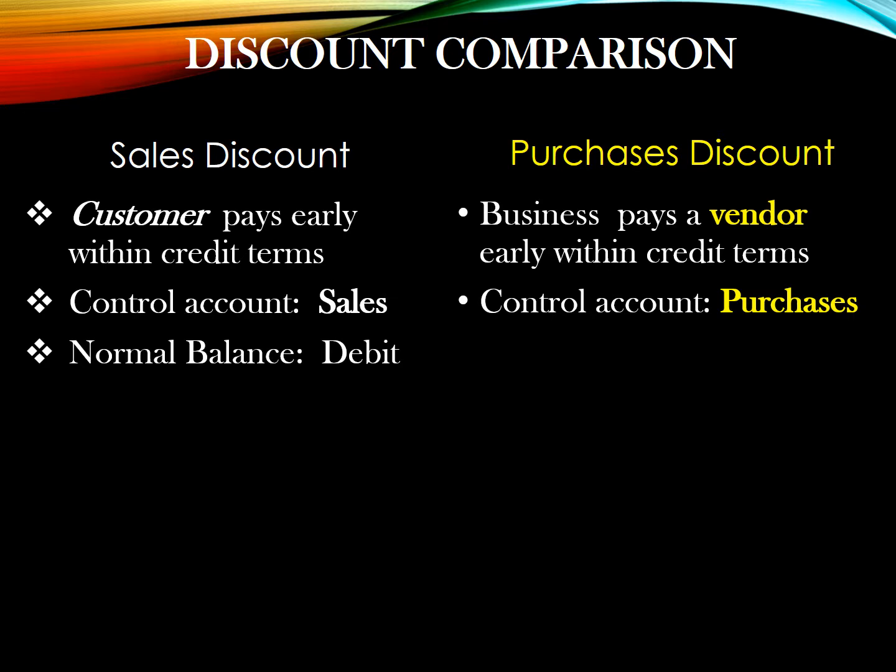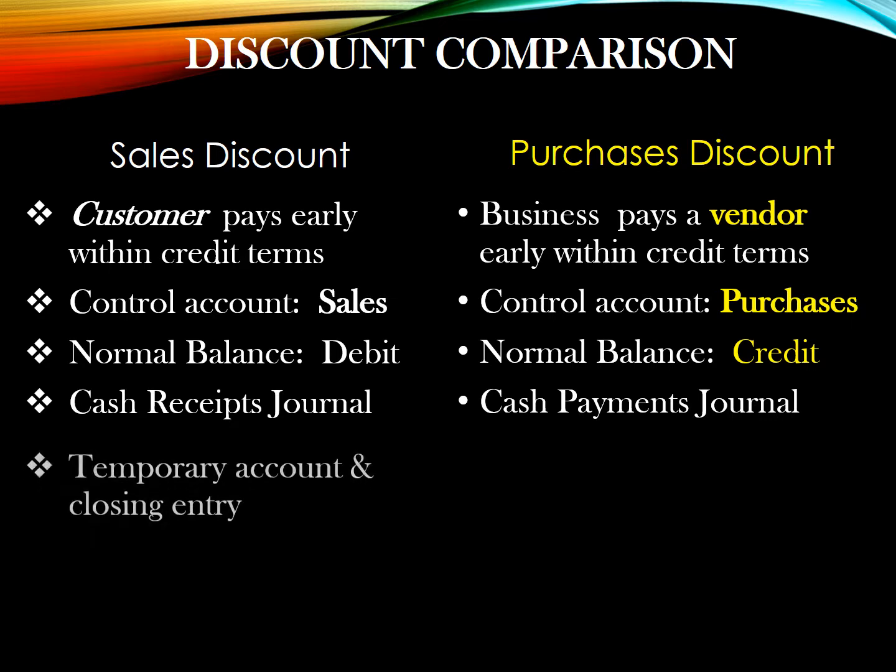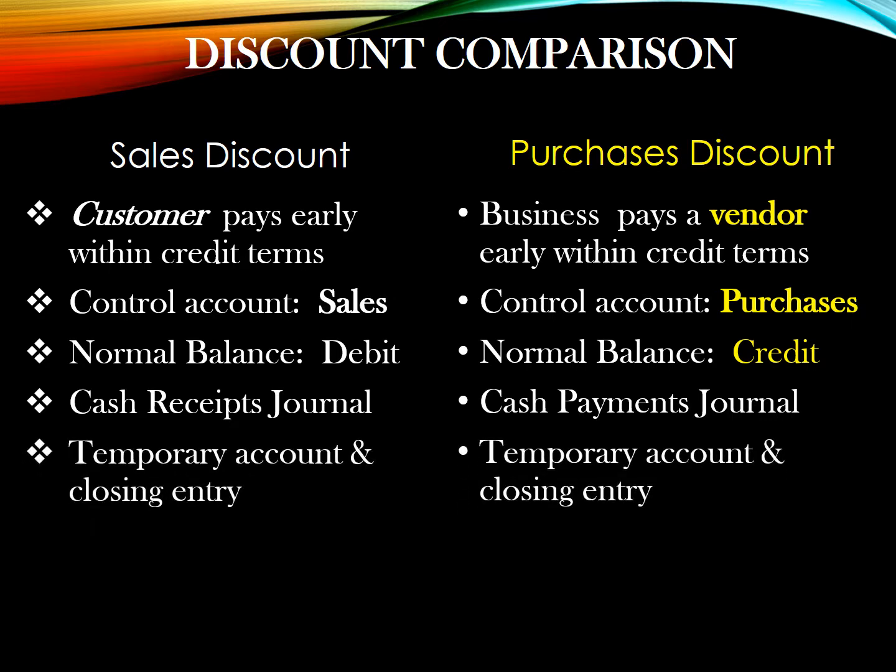The normal balance for sales discount is a debit. The normal balance for purchases discount is a credit. We record sales discount in the cash receipts journal. We record purchases discount in the cash payments journal. Both of these accounts are temporary accounts and are closed out at the end of the fiscal period.